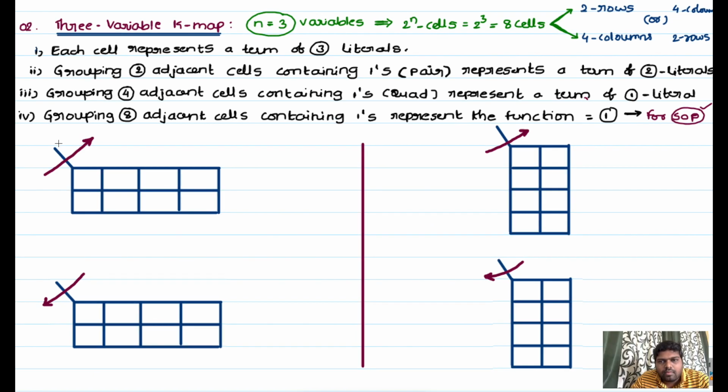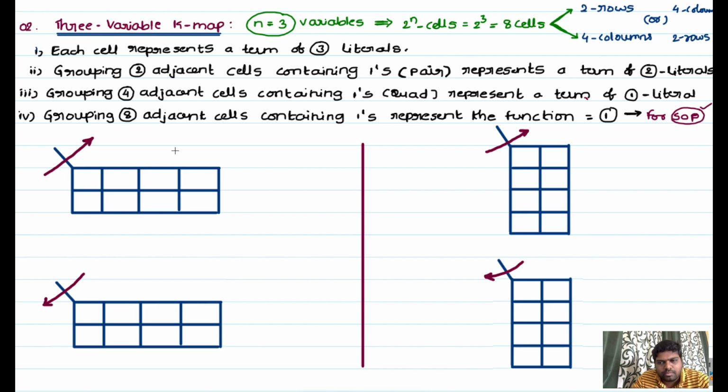So here we have the 3 variable K-map matrix. First we will take 3 variables, those are A, B, C. Observe the top side: we have 4 possibilities, 1, 2, 3, 4, that means 4 columns.